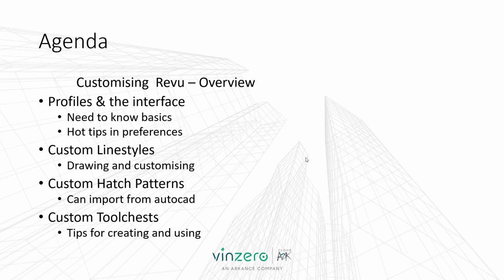So the agenda for today overall, the overarching theme is sort of customizing Revu, creating those new tools, creating some workflows. The first of the 4 categories will be profiles in the interface. So what you need to know, and after the need to know basics, we'll get into some of the more complicated hot tips, some of the cool things you can find in your preferences. The next one is custom line styles, so just drawing lines, how it works, and then getting into the nitty-gritty, how to create your own line types.